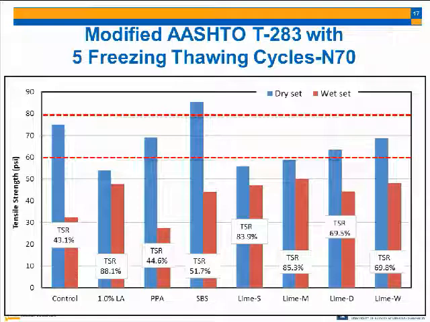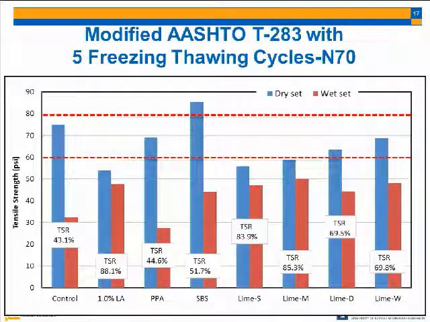But looking at the wet tensile strength, the liquid anti-strip and lime, especially the lime marination, provided us with very decent results. Looking at the TSR values, control had the lowest TSR value, but when comparing the additives and modifiers all together, PPA had resulted in the lowest TSR value.